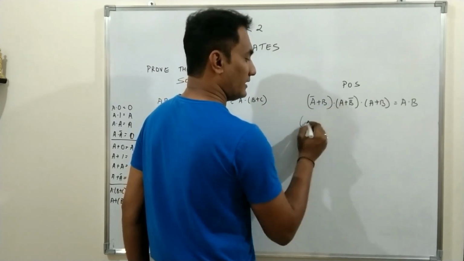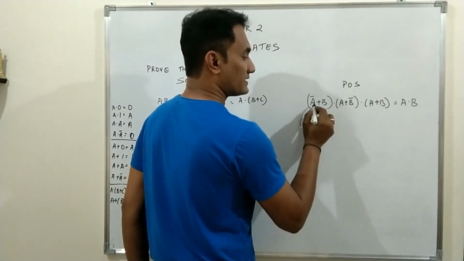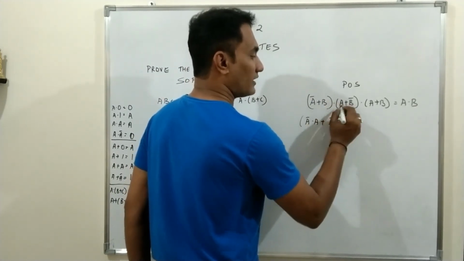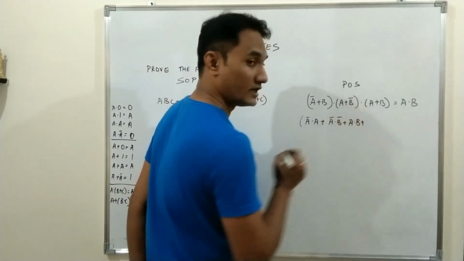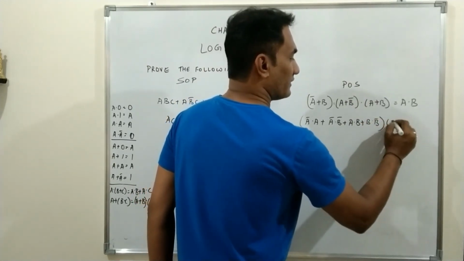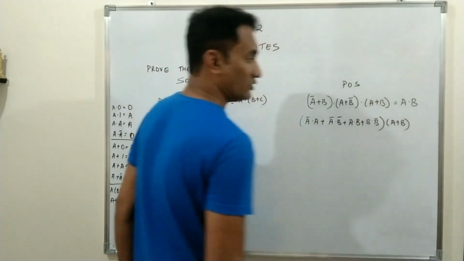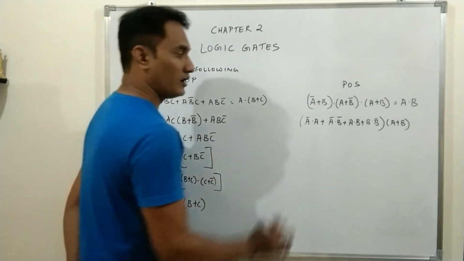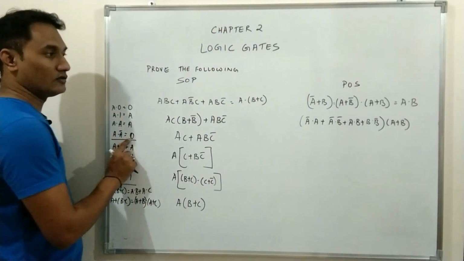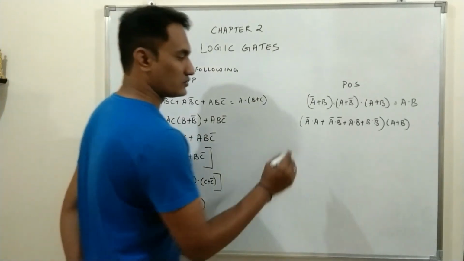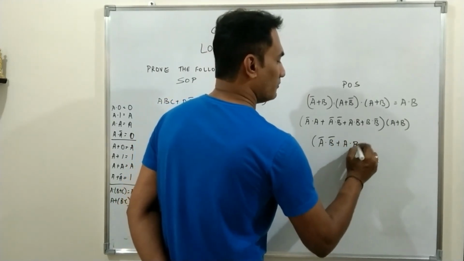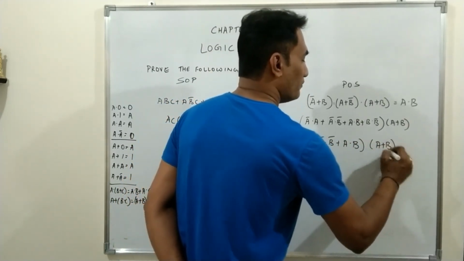A dot A bar dot A plus A bar dot B bar, then B dot A can be written as A dot B using the commutative law, and then B dot B bar, and the next expression which we have not used till now is A plus B. Now check the first and the last expression. A dot A bar is 0. Similarly B dot B bar will also be 0. So what is left is A bar dot B bar plus A dot B, and A plus B.